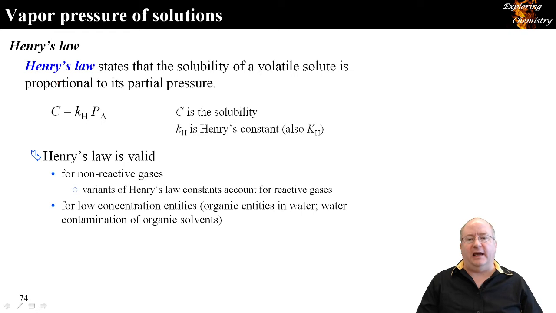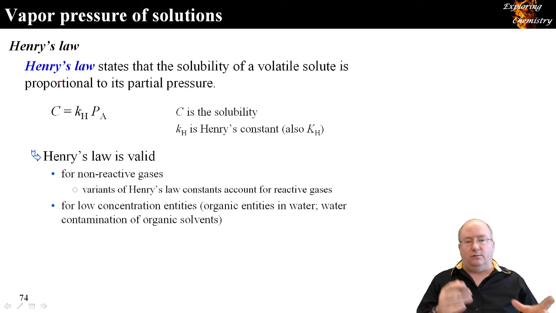Sometimes capital K, sometimes different values. If you really want to confuse yourself about Henry's law, read the Wikipedia entry on Henry's law, because it presents at least 12 different Henry's law constants, each subtly different, some on mole, some on mass, some on lots of different representations of it, and it gets confusing.